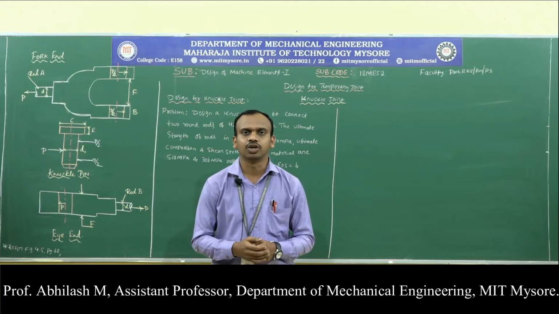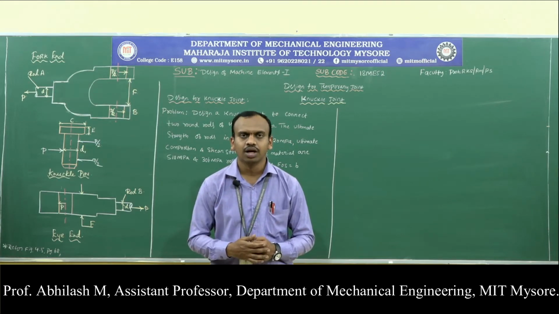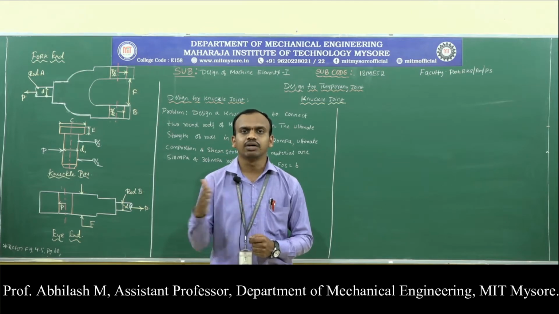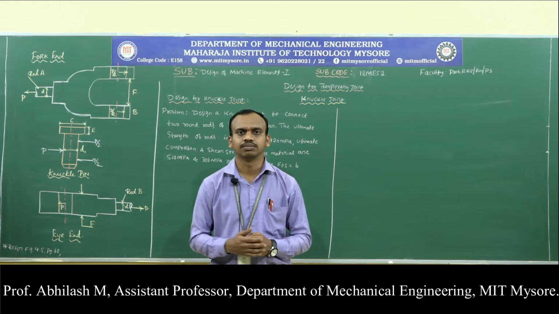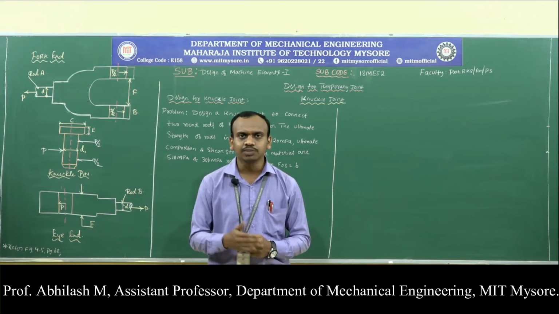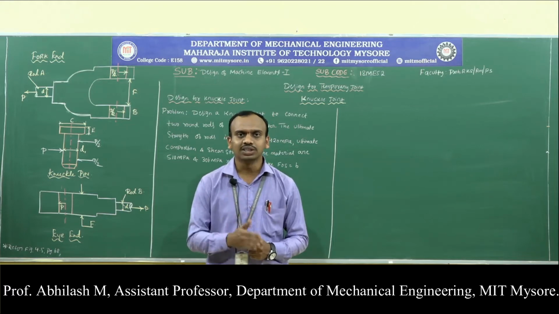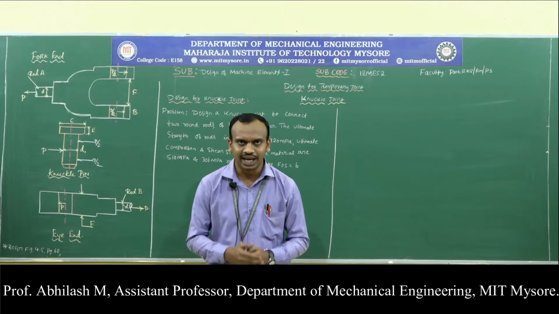In fastening, we have two different categories. One is called permanent fastening, the other is called temporary fastening. What is permanent fastening? Once the parts are joined, they cannot be disassembled again.